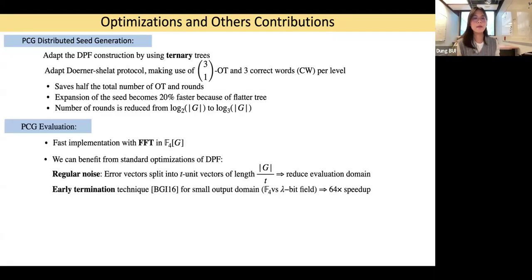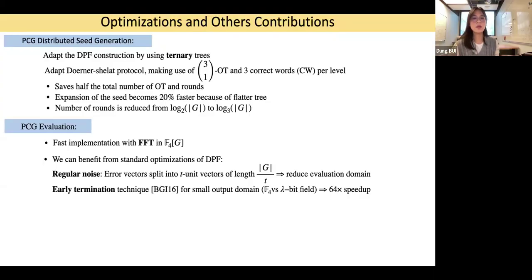And for the BCG evaluation, this is the optimization to speed up the evaluation to get the actual 3 to n correlation early. So we have an implementation of FFT in F4Z, and we also benefit from the standard optimizations of distributed point functions.